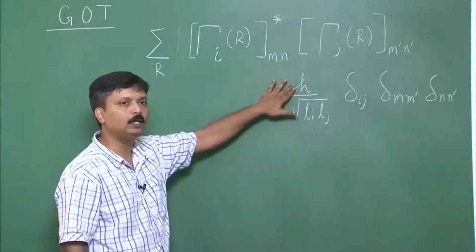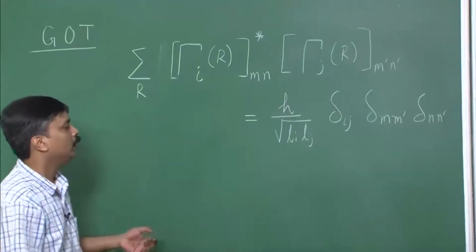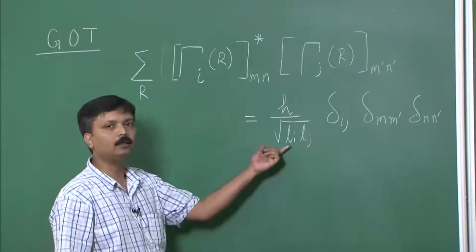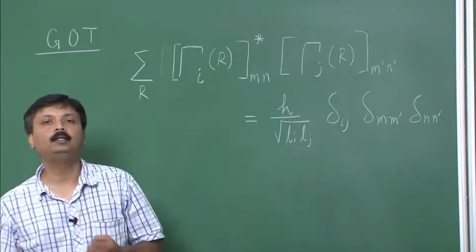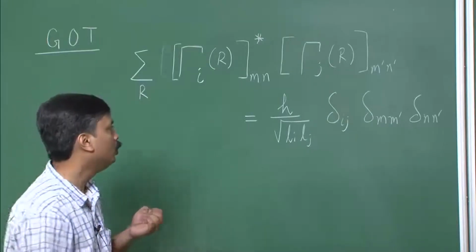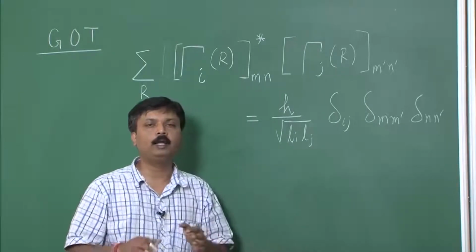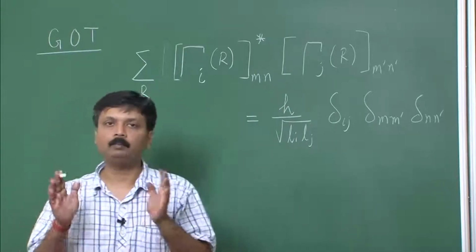So h, as we already know, is the order of the group. This l_i or l_j are the dimensions of the irreducible representations. So what is the dimension of any irreducible representation? For any given irreducible representation, you have the matrix.